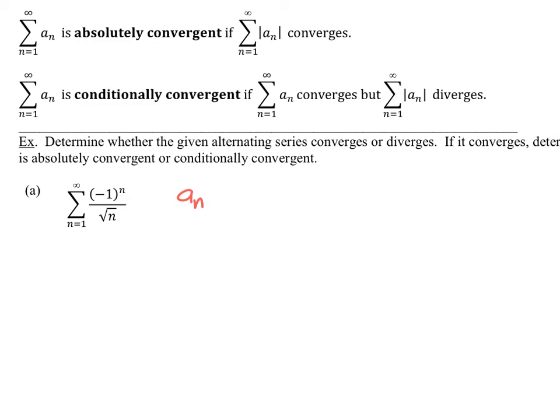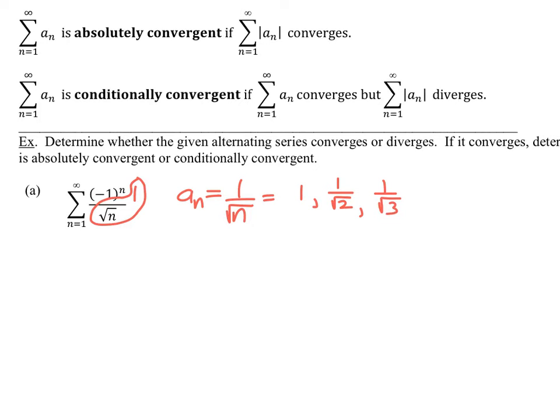So a sub n here, we're looking at 1 over the square root of n. The expansion of that would be 1, then 1 over root 2, then 1 over root 3.